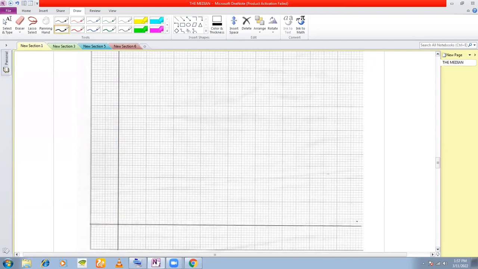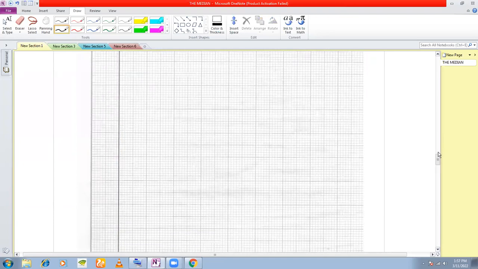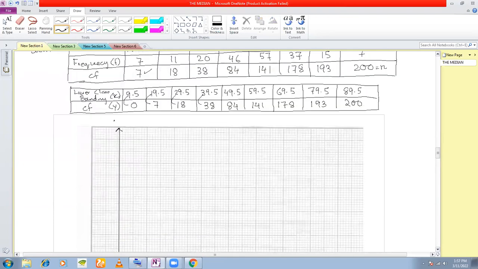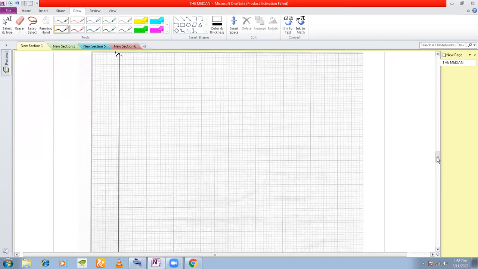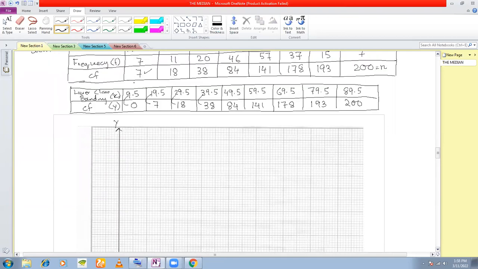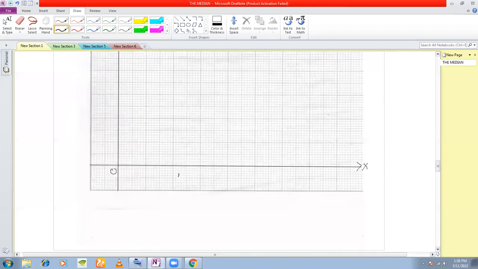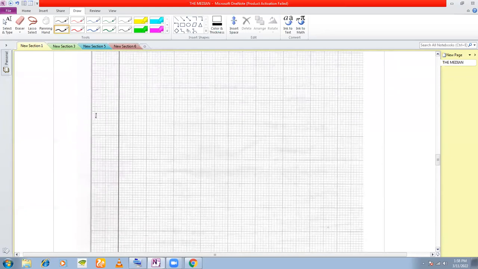We'll label it here, x. This is your origin, and this is your y-axis. Now we are going to decide on the scale of the graph. What are we going to plot in the x-axis? We plot the marks in the x-axis, right? And what are the marks here? Starting 9.5 and ending in 89.5. So here we have our marks, and here we have our number of students.